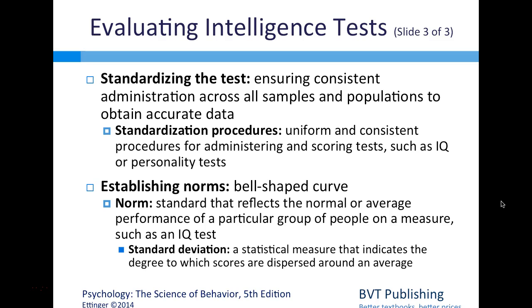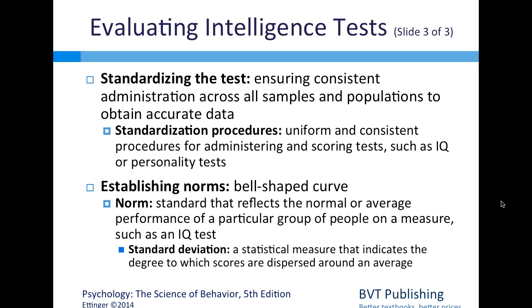Okay, and then establishing norms, bell-shaped curve. So a norm reflects the normal or average performance of a particular group of people. For example, if you developed an intelligence test for adults and found that the average score of 20 to 25-year-olds was 185 points, a score of 185 would become your basic norm or standard of performance for people in this age category.